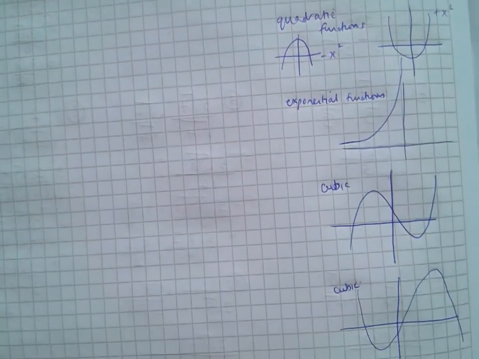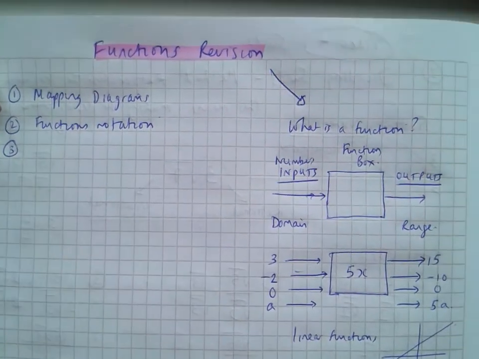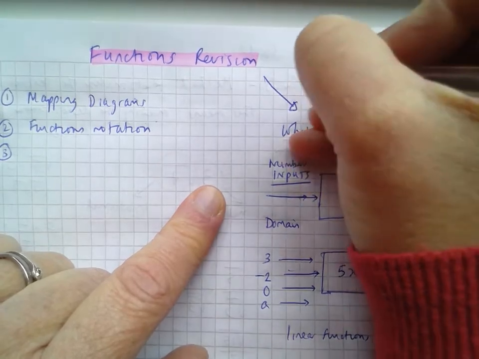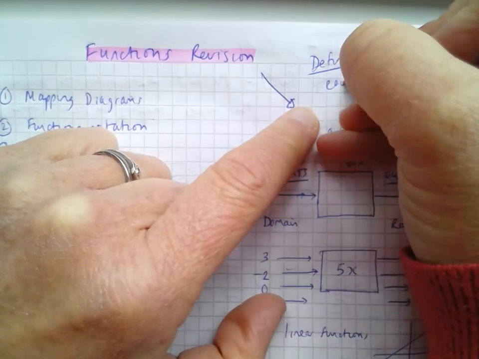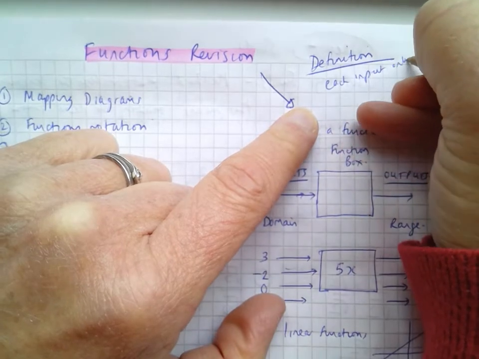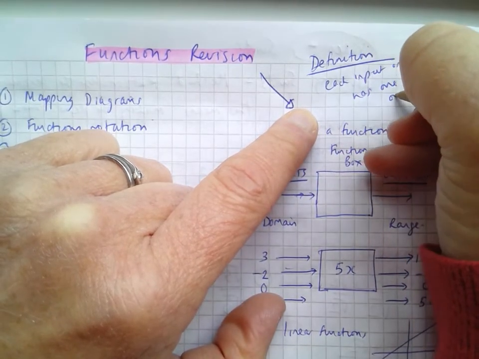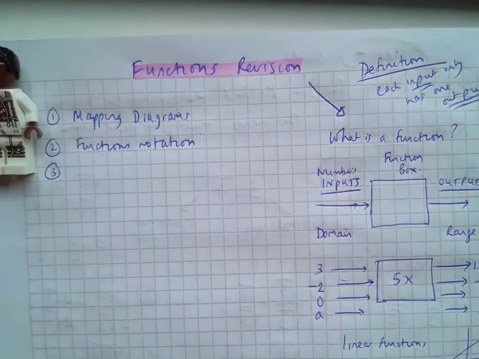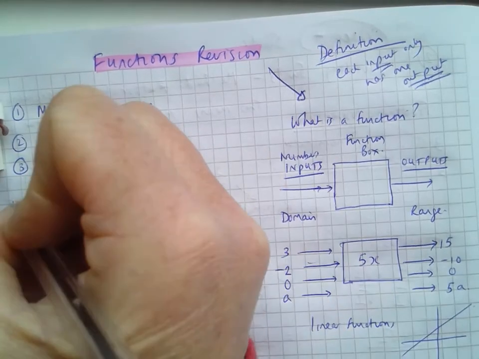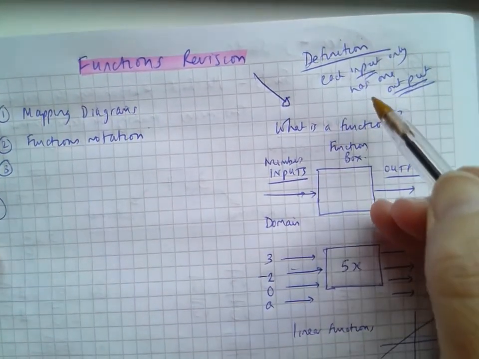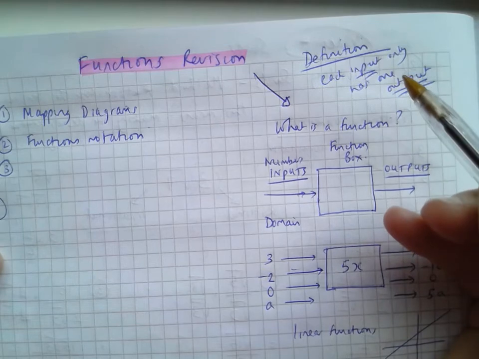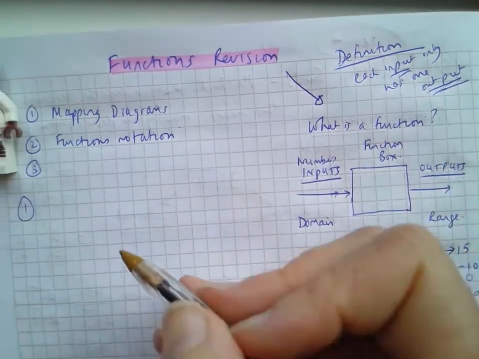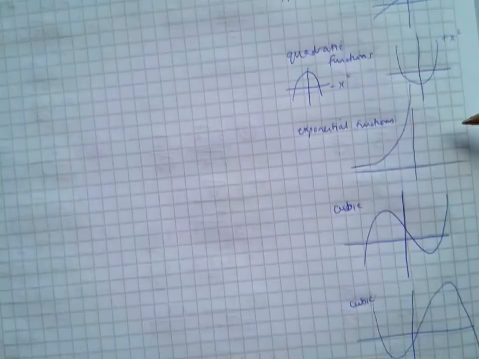In fact, these are also called relations, but the definition of a function is that each input only has one output. When we come to mapping diagrams, that's very important: the definition of a function is each input only has one output. In other words, for each x, there's only one y. So these are graphs of functions here.